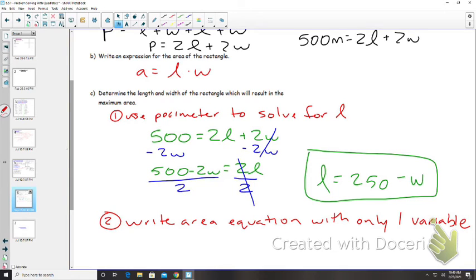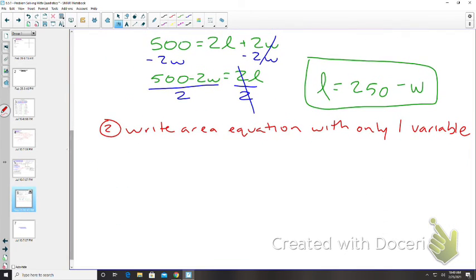But we know that length is 250 minus W. So we're going to substitute that into L up here. So, area is equal to length times width. We know length is equal to 250 minus W, multiplied by W.